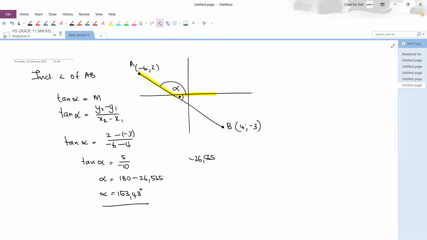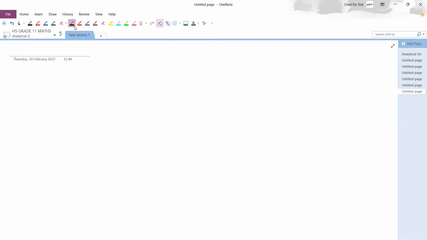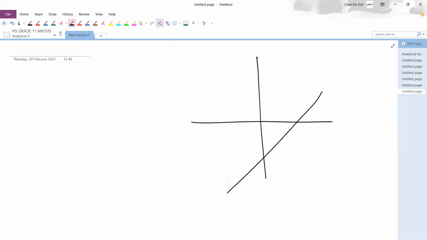Okay, one more thing, an application of one of the things that you've learned in grade 10. There's a line, and the midpoint of that line is at 2 and -1. I have a coordinate D there, which I don't know. And I have a coordinate B here, which is -3 and -8.